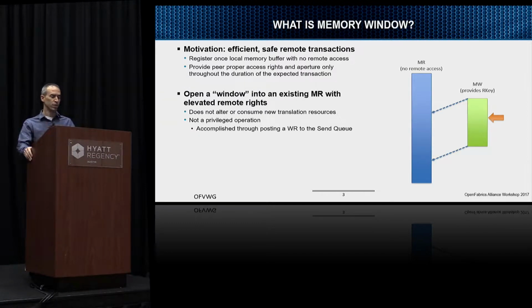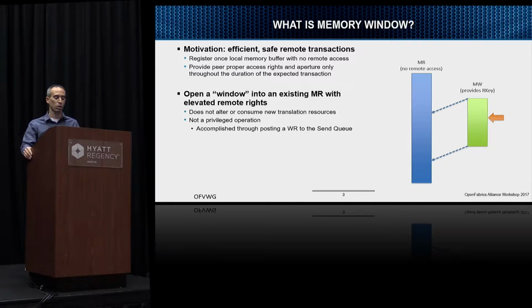Okay, so what is the memory window? Basically, it's a way to expose an aperture of a pre-registered region. As we see here in the illustration, there is a big chunk of memory, a pre-registered memory region. It can be registered without remote memory access.